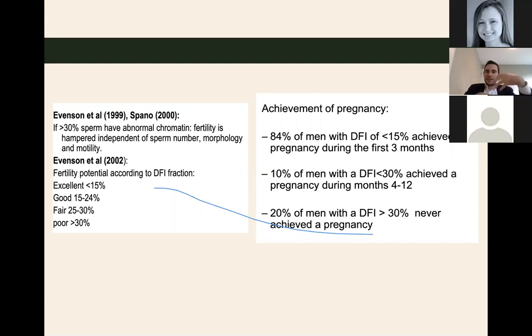It's only papers and science that study the correlation. So if you test yourself and you have a high DNA fragmentation test, it does not mean 100% that you're going to have difficulties and not be able to conceive. It means that you might be at a high risk of having male factor infertility and taking more time to conceive.